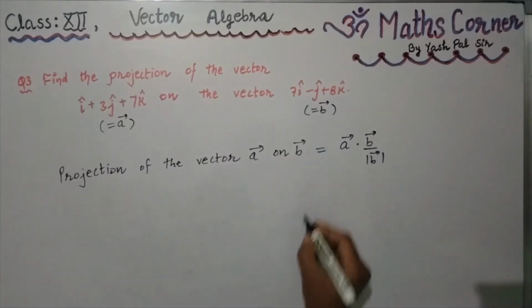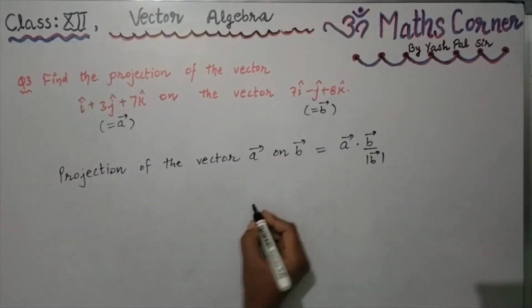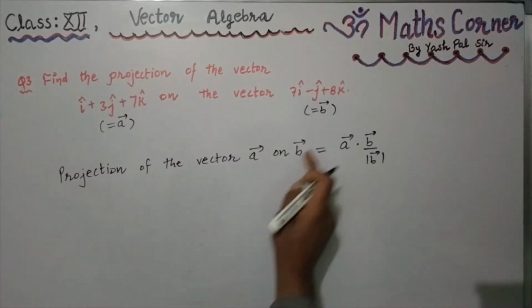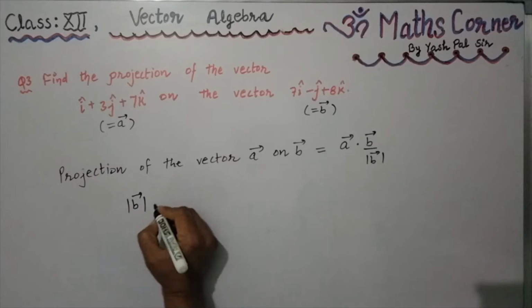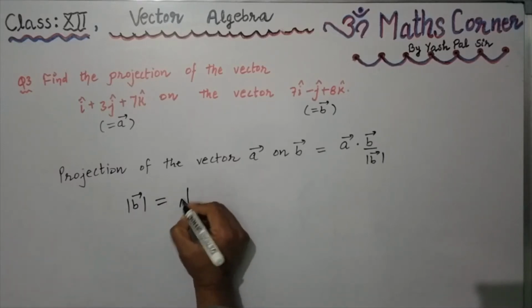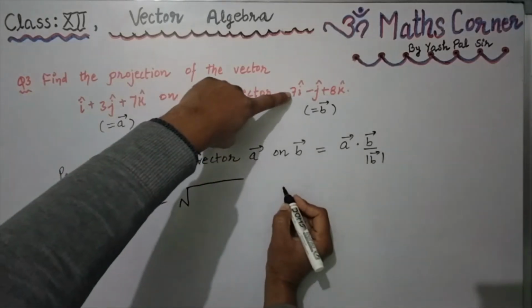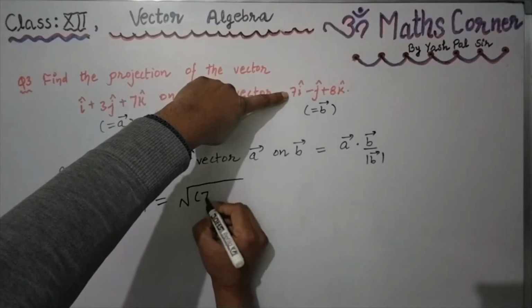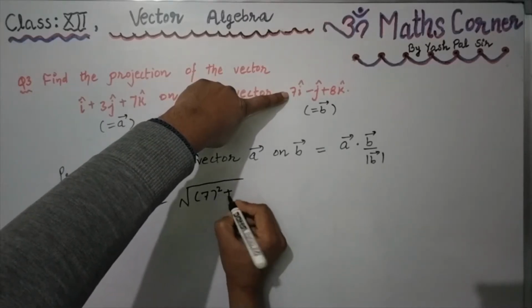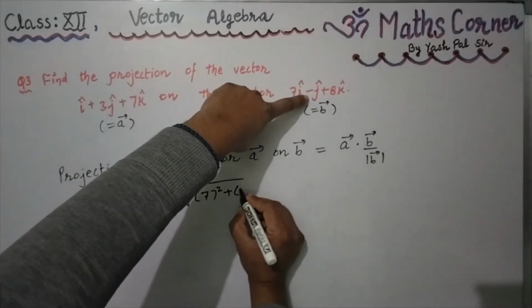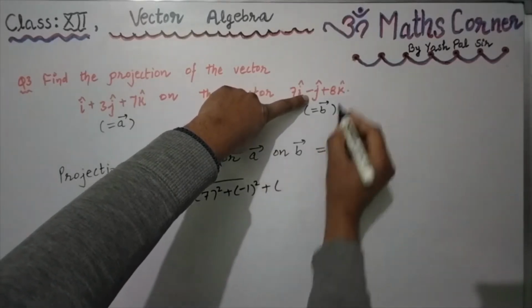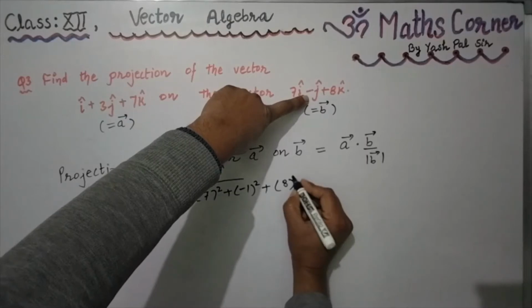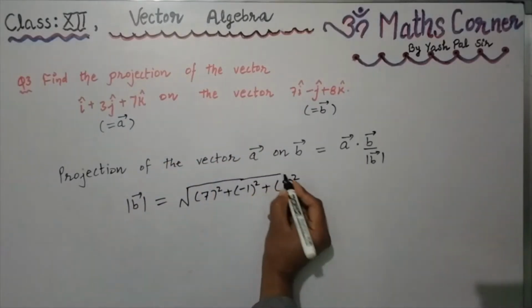First of all we need to find the magnitude of B. Magnitude of B means the coefficient of i, which is 7, its whole square, plus the coefficient of j, minus 1, its whole square, plus the coefficient of k, 8, its whole square.